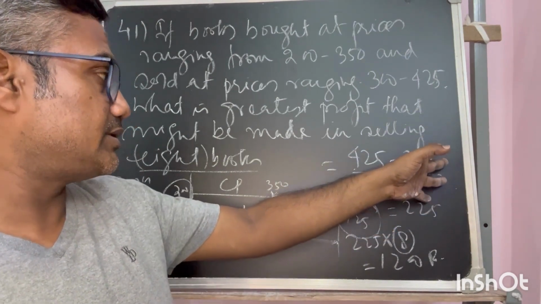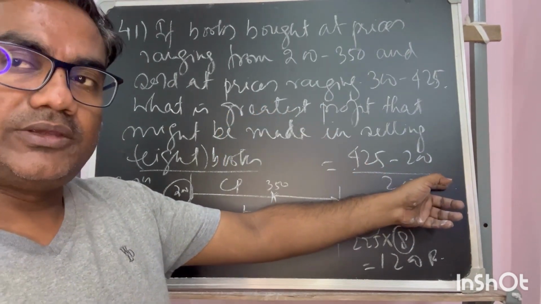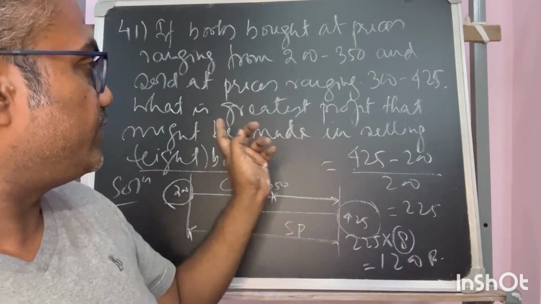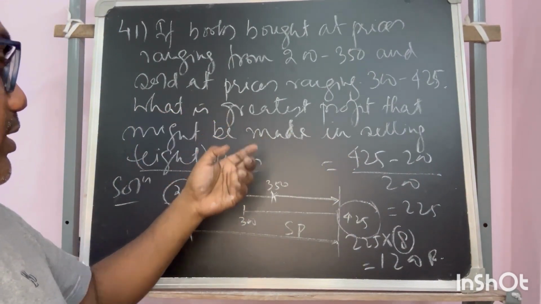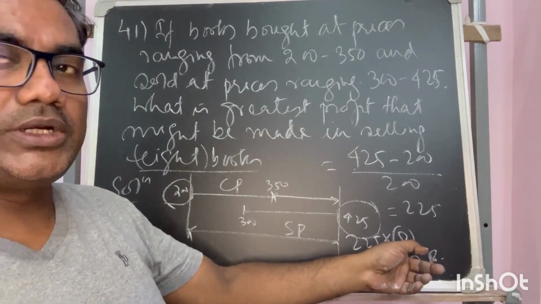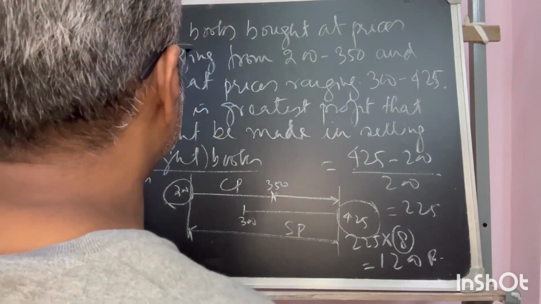So if the percentage profit is asked, it will be the same even for 100 books. But as the actual profit has to be calculated, your margin has to be multiplied with the quantity of books. That is the only difference. Okay, understood? So your answer will be this one.